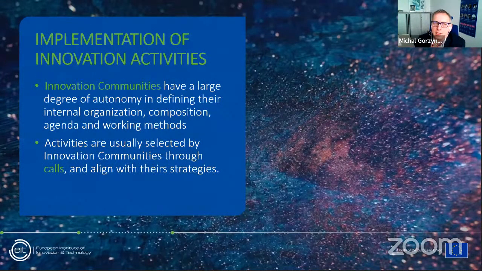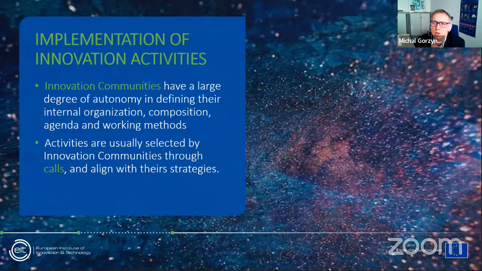Coming to implementation of innovation activities, following the EIT model, knowledge innovation communities have a huge degree of autonomy in defining the operational models. This also means that it's up to the KIC how they are defining the selection, the monitoring, the implementation procedures.